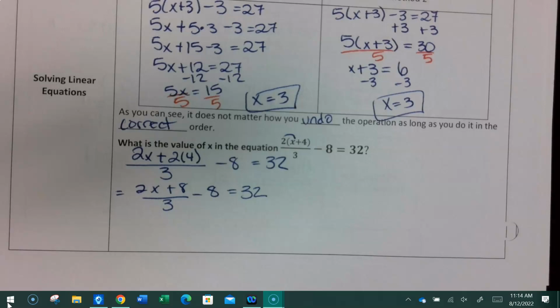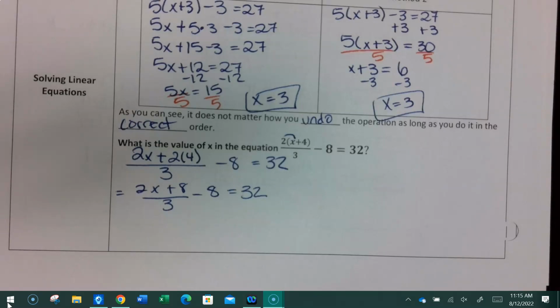Okay, so what should I do next? What kind of math? So, no. I mean, I could divide the 3, but then that gives me fractions, and I want to try and avoid that. No, so I'm doing opposite order of PEMDAS.